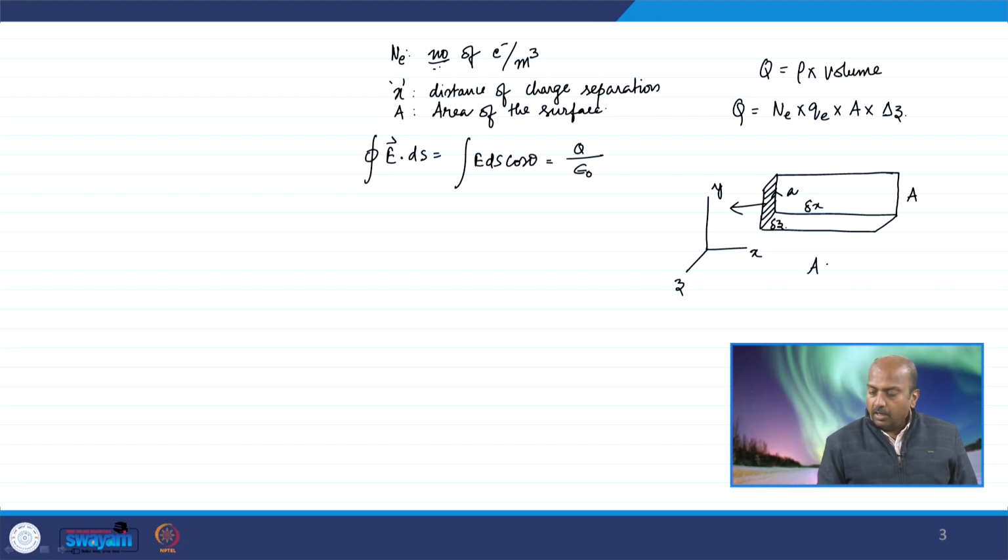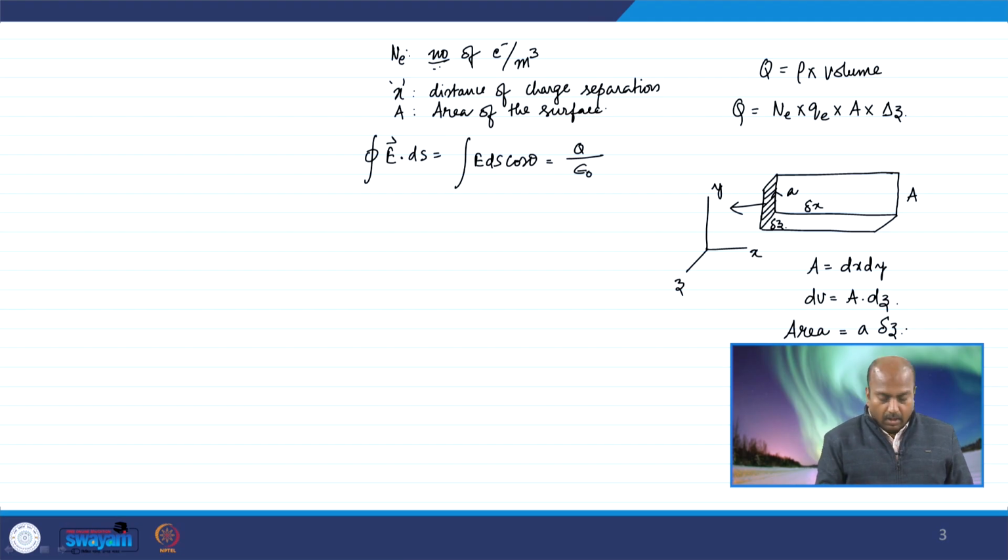Now, capital A is the area, which is dx dy or delta x delta y. The volume is A times dz, and the area of this is A delta z.